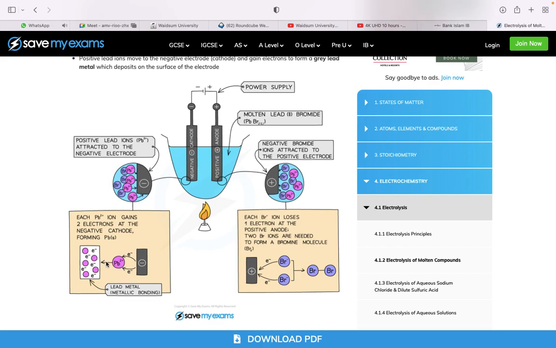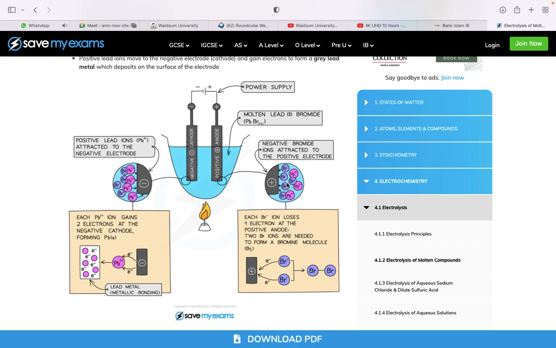Lead ion, Pb 2 plus, gains 2 electrons because it has 2 plus. So it has to gain 2 electrons in order to become lead metal. These are the electrons from here. Is that okay? Lead solid.